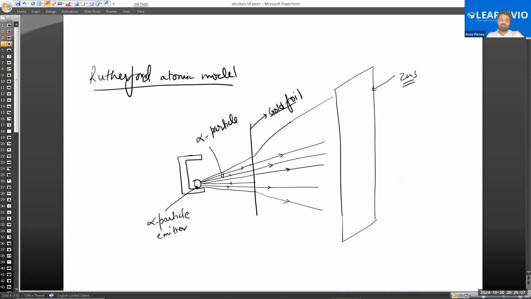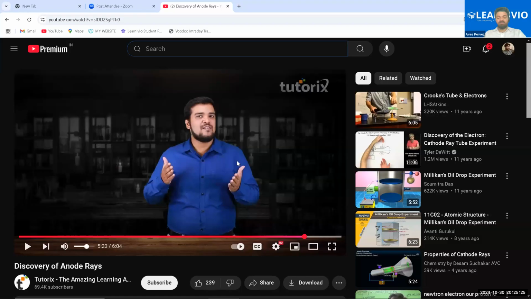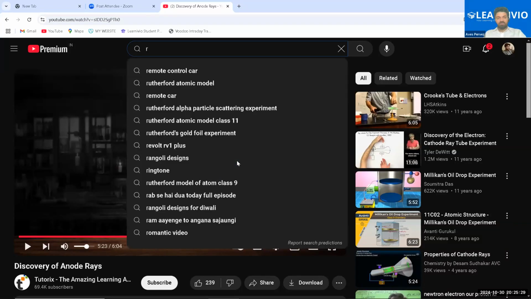Next was cathode. After this one, the Rutherford model was done. Rutherford actually was not sure about the structure that Thomson gave, so he did an experiment.